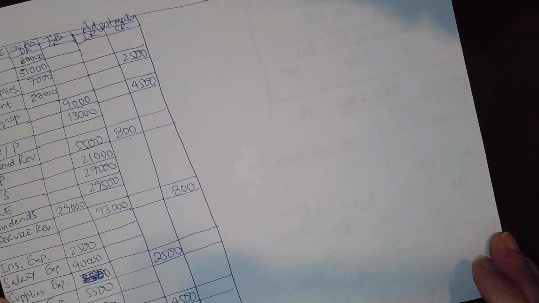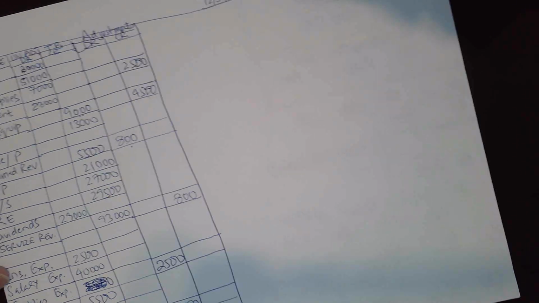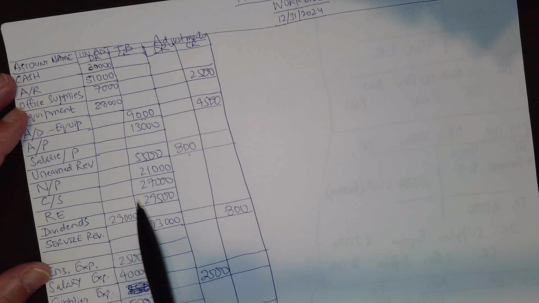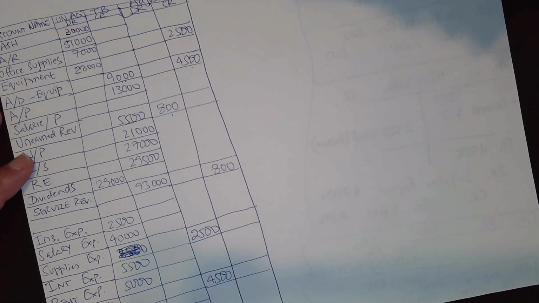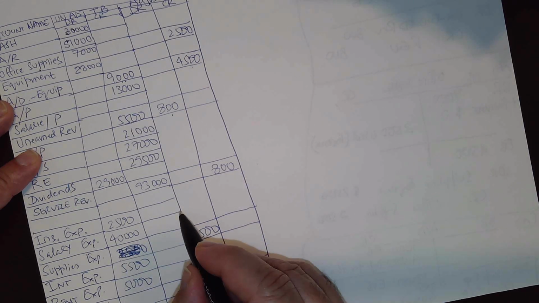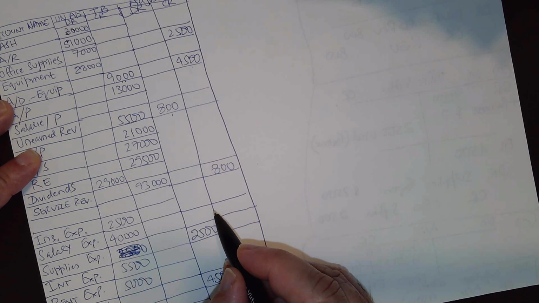Now we have to look for salary expense. The salary expense is listed over here, right? Salaries expense $45,000. And now you have to do another salaries expense because you have not paid.